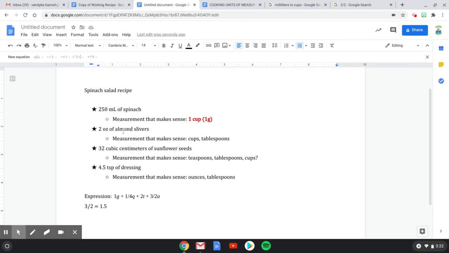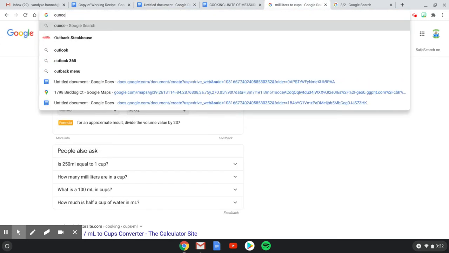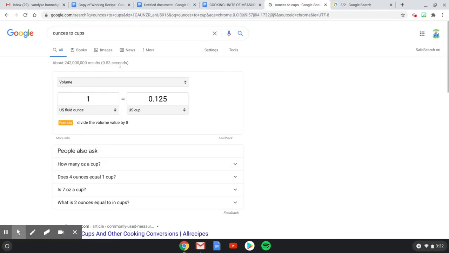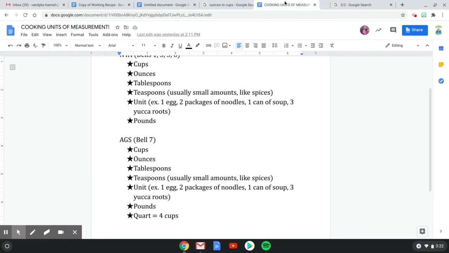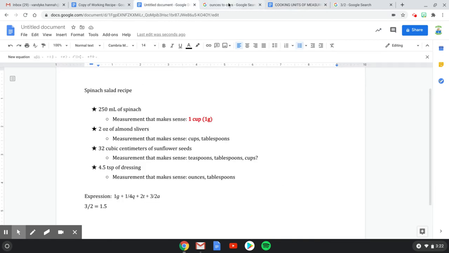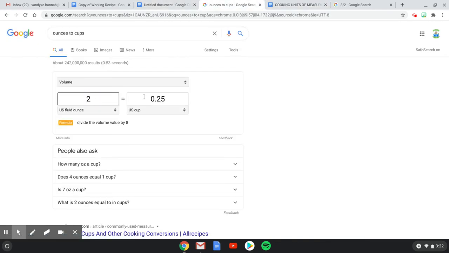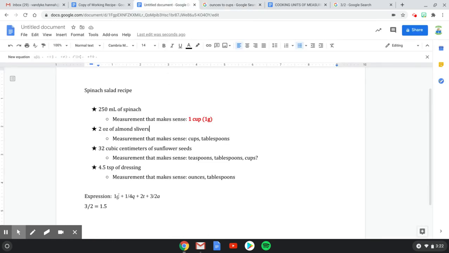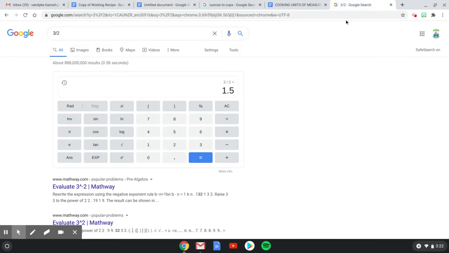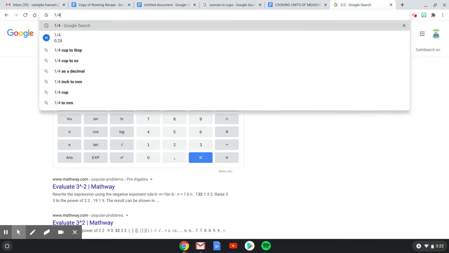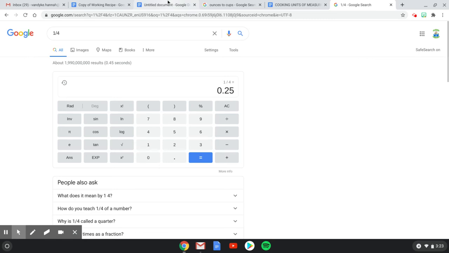Okay, now let's go to almond slivers. Measurements that made sense to me were cups and also tablespoons. So I'm going to do ounces to cups. I had 2 ounces of almonds. That gives me 0.25 cups. Okay, so I'm already done with this. I have 1/4, which when I put that in my calculator, 1 divided by 4, I get 0.25.